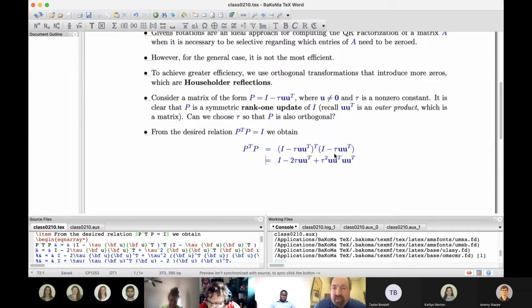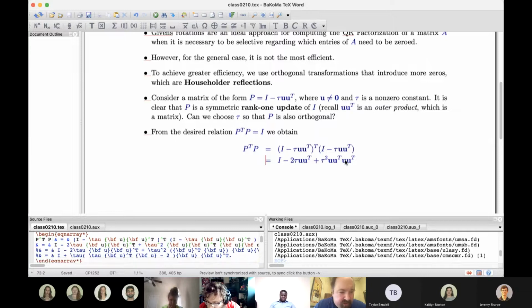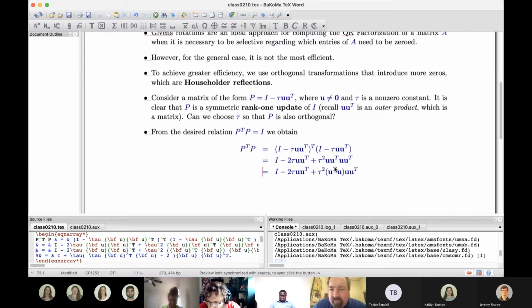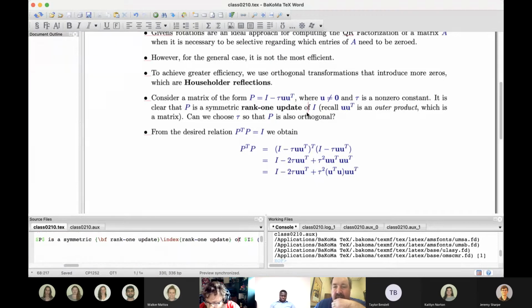Now, what's interesting is here I have UU transpose and U transpose U in the middle, and that is an inner product, and that's just a number. So I'm allowed to move it around wherever I want, and I still have U and U transpose left over. That's one of the interesting things that happens when you multiply an outer product with a vector: you get an inner product. And that's useful for a lot of things.